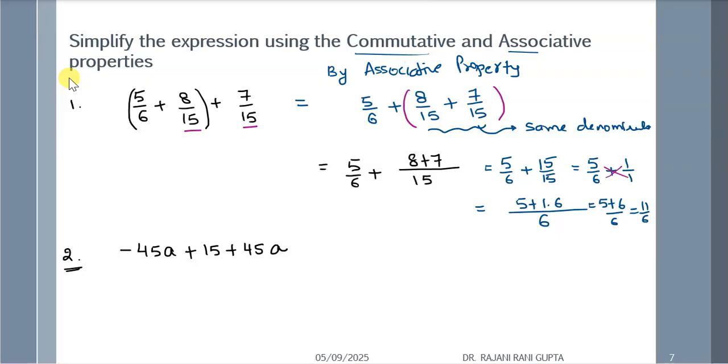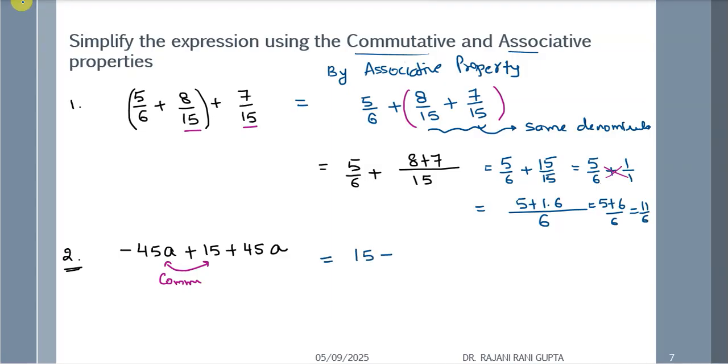And you have to think about which property you should use, commutative or associative. As we don't see any brackets, let's use the commutative property first. If I apply the commutative property on these two, what happens? The position gets changed. So what will I get?